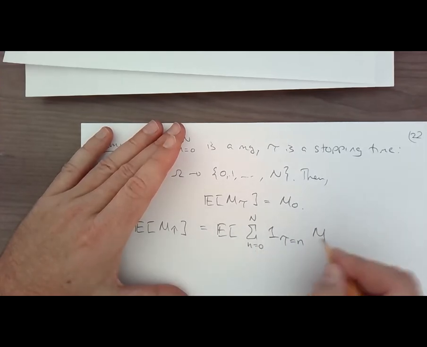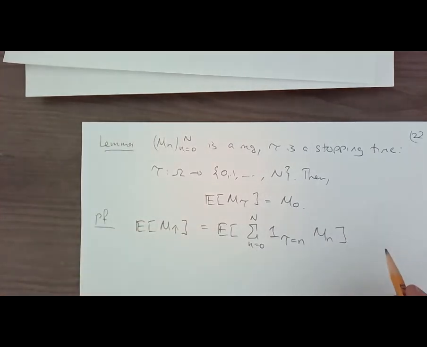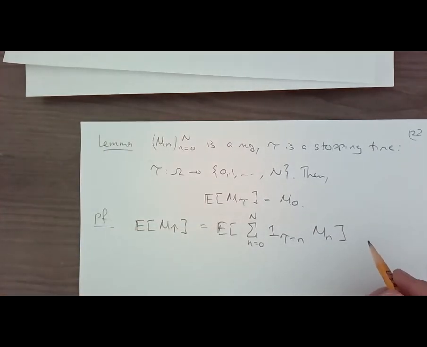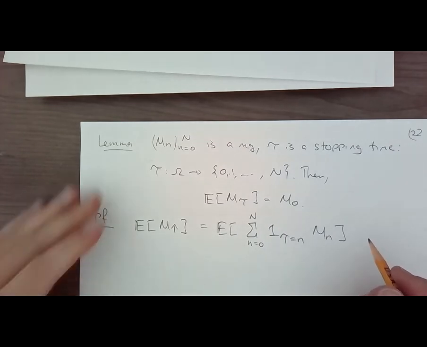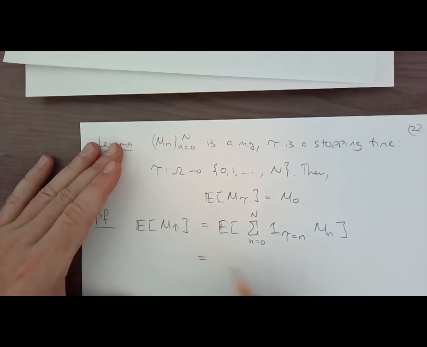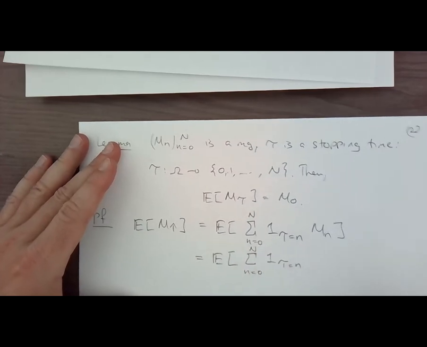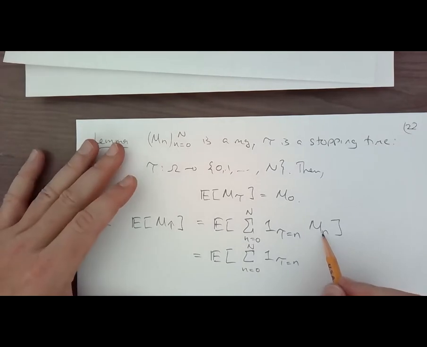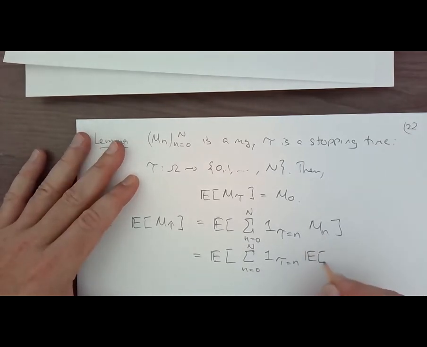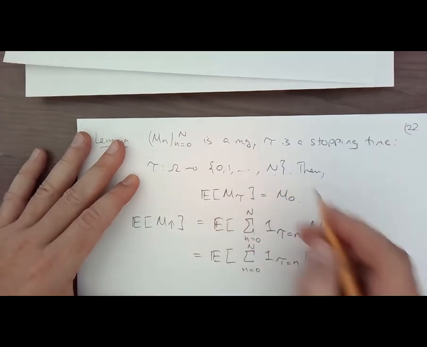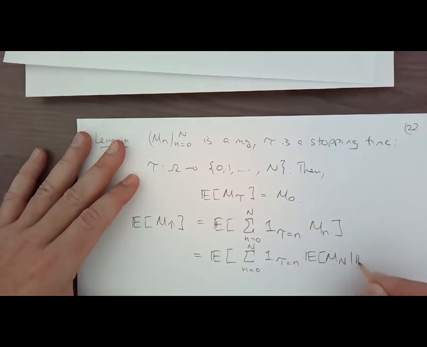And then M_tau on that set is going to be M_n. Then I can use the iterated expectations from before. This is a martingale, so I can write M_n as the expectation of M_N given F_n.